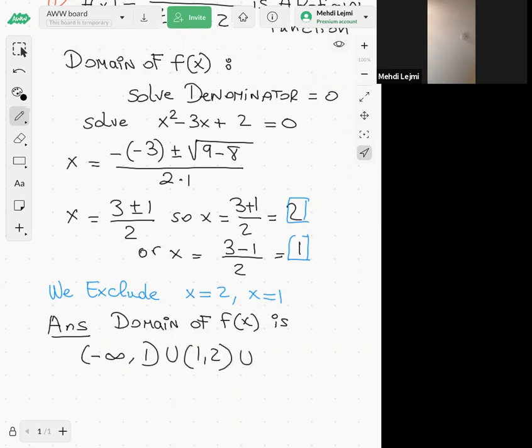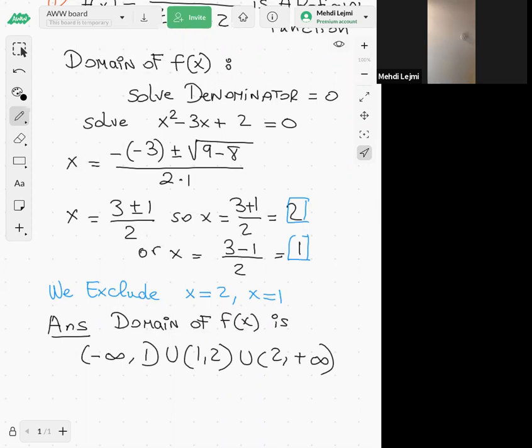We have to exclude 1 and 2, right? And then 2 positive infinity. Right, so that's the domain of f of x. So it's any number except the 1 and 2, right? So that's how we find the domain of a rational function, right? Because it's a fraction, it's a quotient, so make sure that the denominator is not 0. So we have to solve the denominator equal to 0.